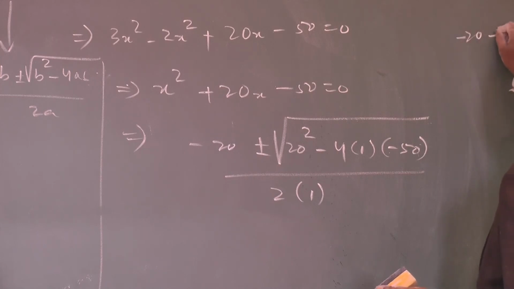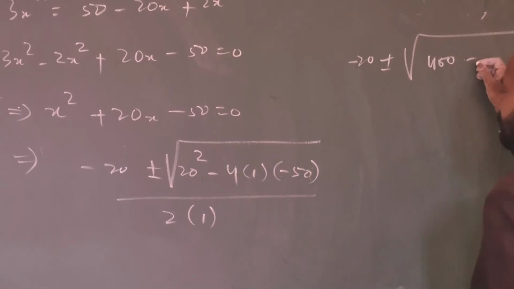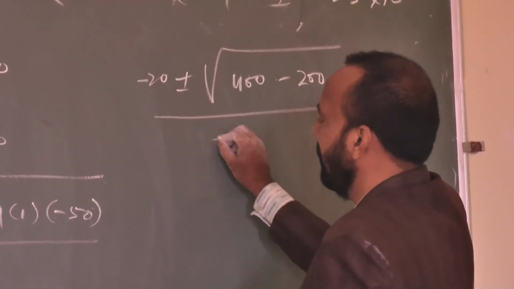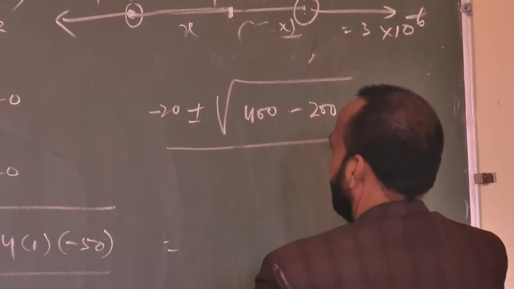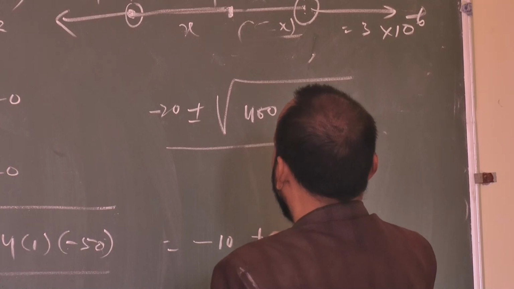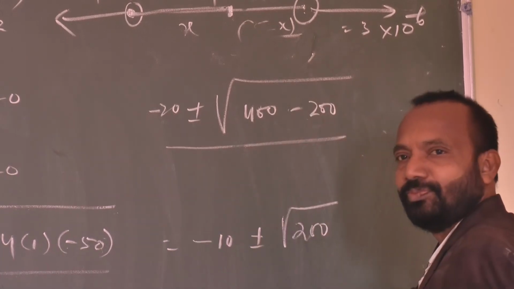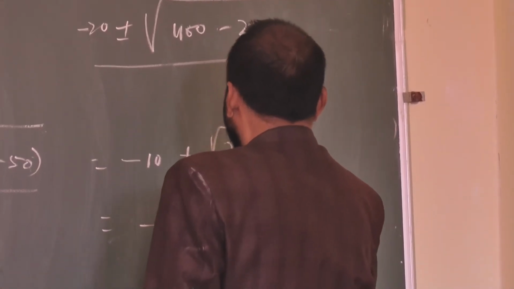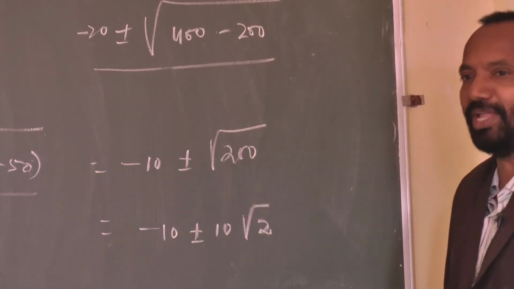Minus 20 plus or minus, this is 400 minus 4 into 5 is 20, 200, divided by 2, that is minus 20 by 2, minus 10. Minus 10 plus or minus square root of 200, that is minus 10 plus or minus 10 root 2.